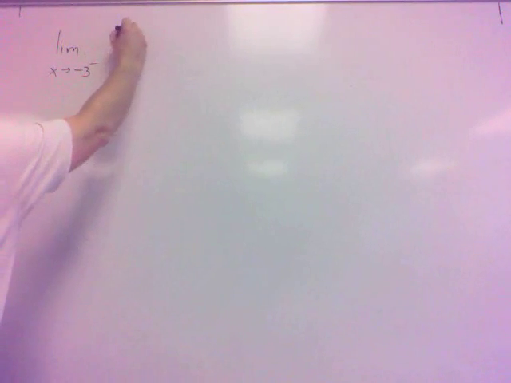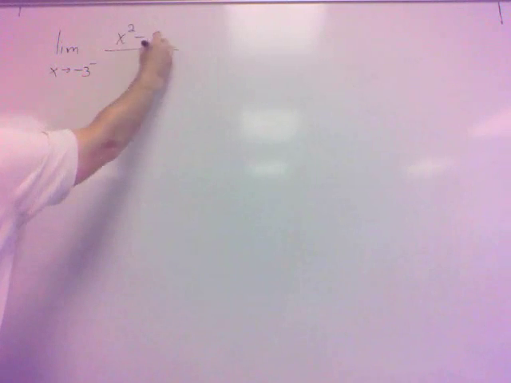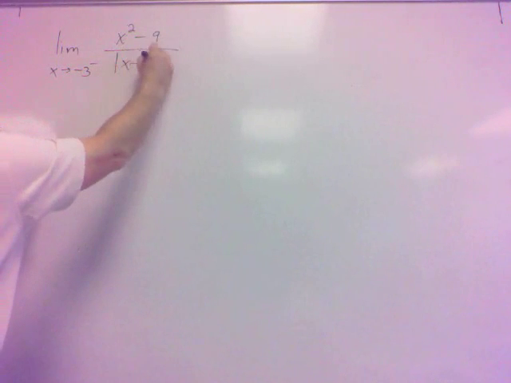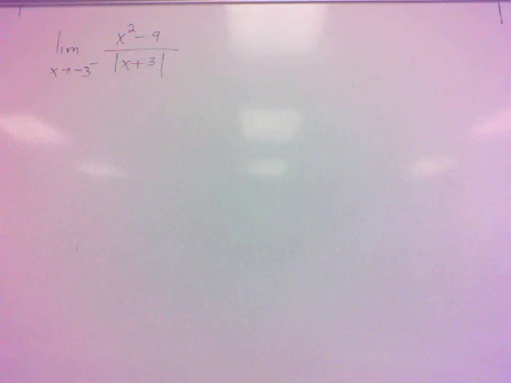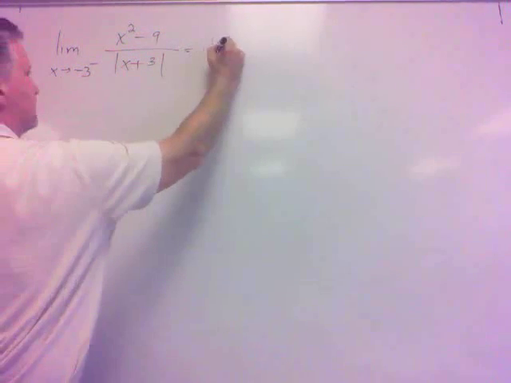All right, the limit as x approaches -3 from the left of x squared minus 9 over the absolute value of x plus 3. Of course, again, the bottom goes to 0 if I substitute in, so I've got to do a little bit of work.